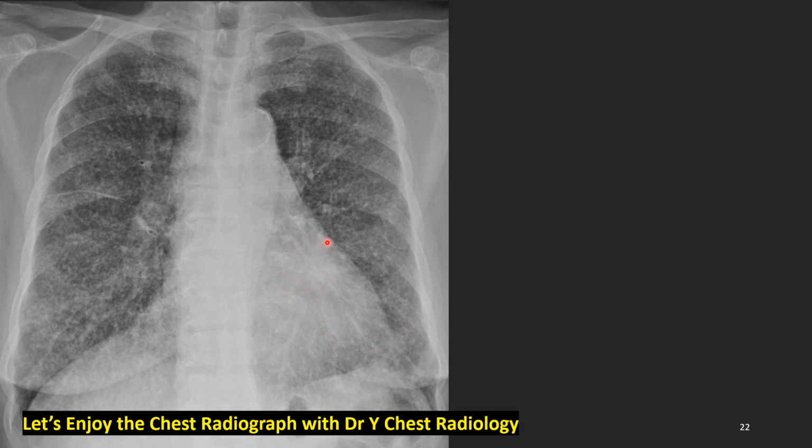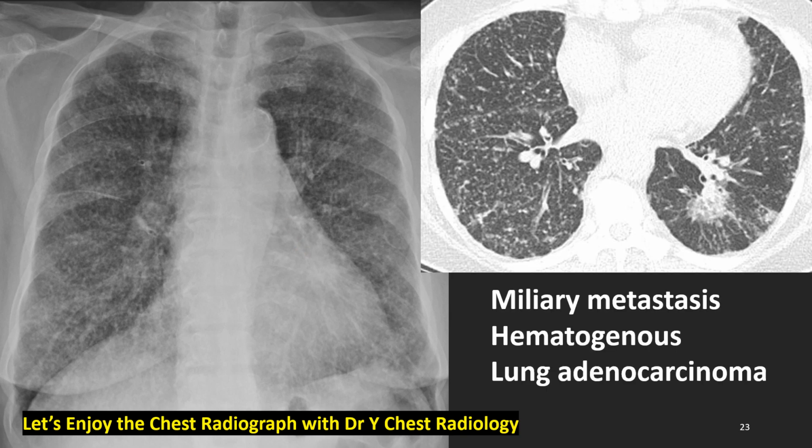This is actually tumor. In this thin-section, lung window setting chest CT, we see micronodules almost uniform in size, less than 3 millimeters. Yes, in the lung parenchyma, subpleural, in the fissural.